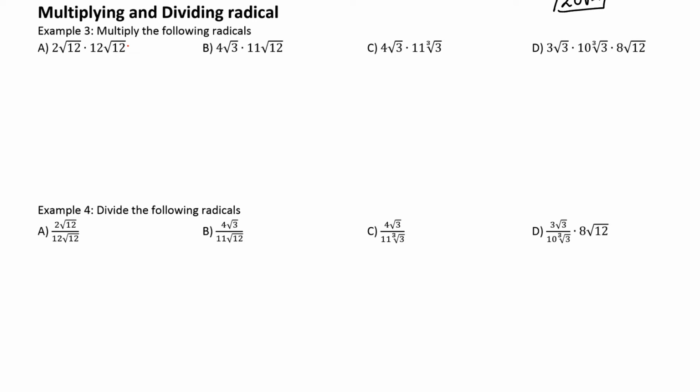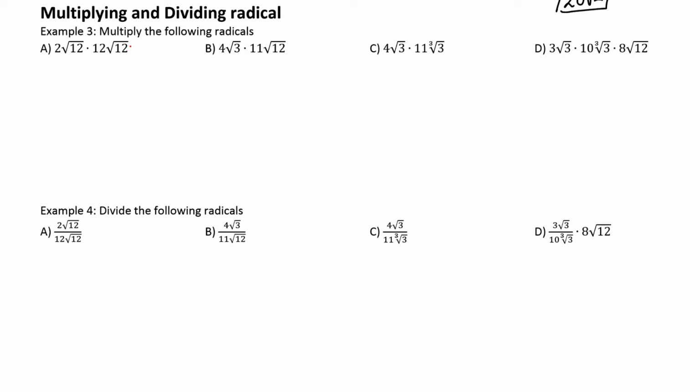So if you want to think about it, on radicals, you have to multiply outside to the outside, inside to inside. So in this case, we will have 2 times 12 and square root of 12 times 12.